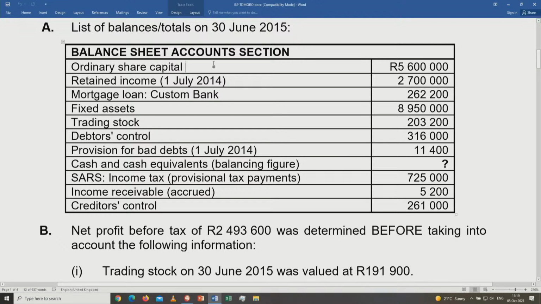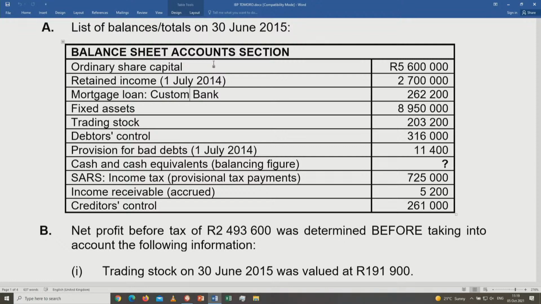The ordinary share capital has already been given to us. We must now transfer the balances to the face of the balance sheet. Then we have retained income that we already did, and then there's the mortgage loan.